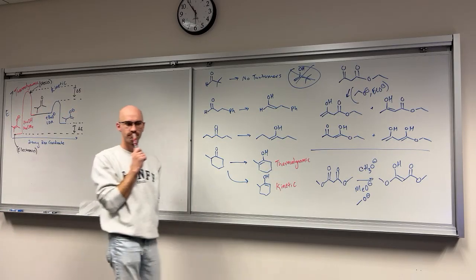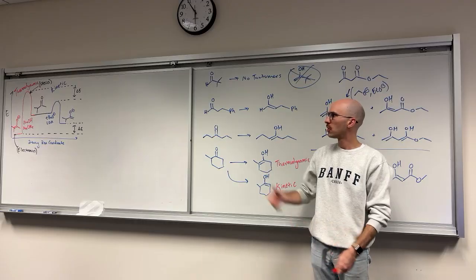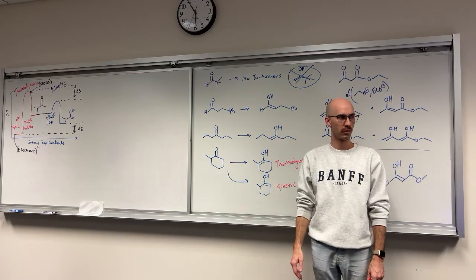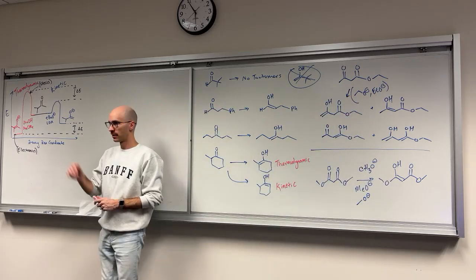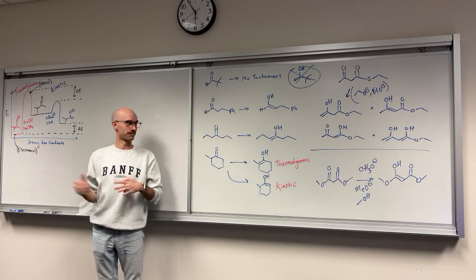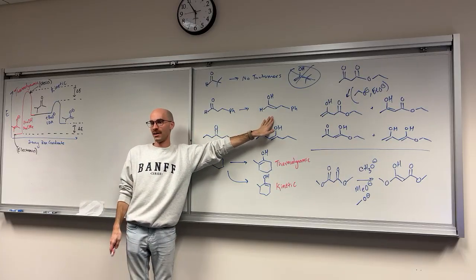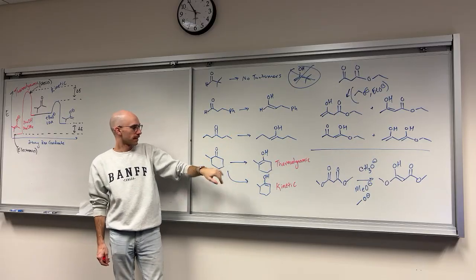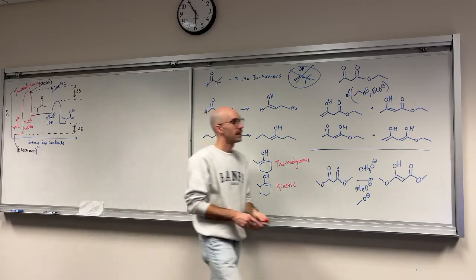Tell me though, of our aldehydes, ketones, and esters, which of these really have regio control? Which do I need regio control for? Just ketones. The aldehydes, there's only one tautomer that forms anyways. Ketones, there can often be two different tautomers.